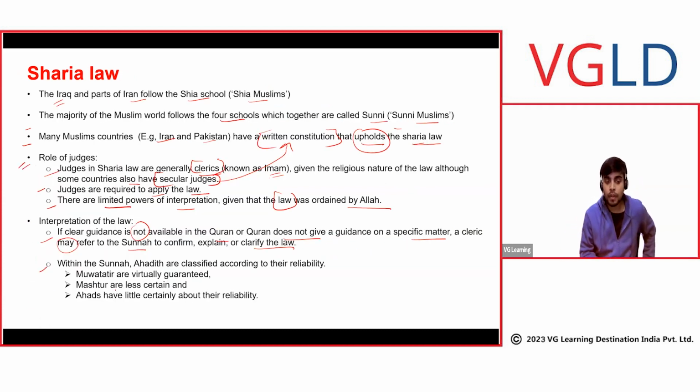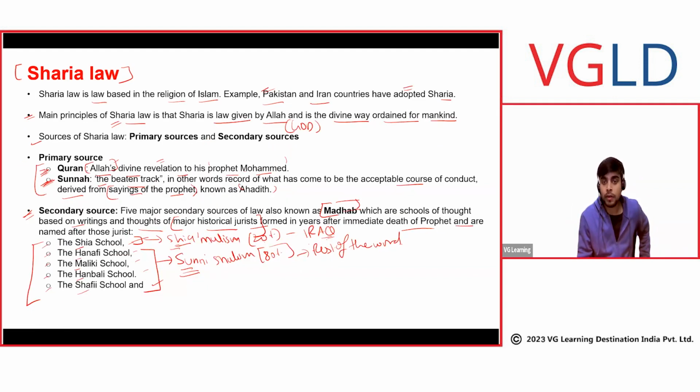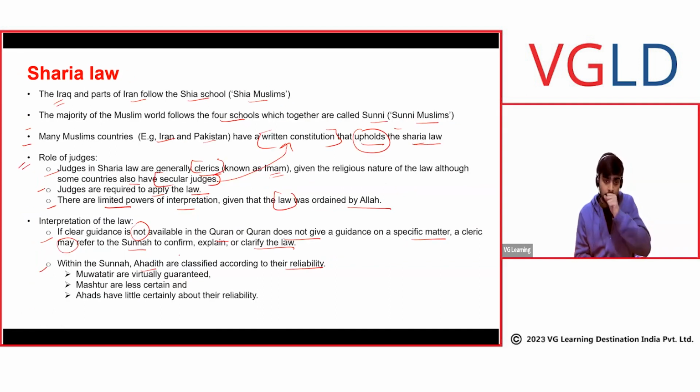Within the Sunnah, Hadith are classified according to their reliability. What were the Hadith? If you remember, these are whatever the companions of the Prophet Muhammad have written, and they are considered according to how reliable they are, because they were interpreted after the Prophet passed away.